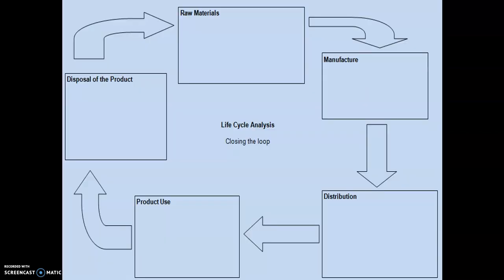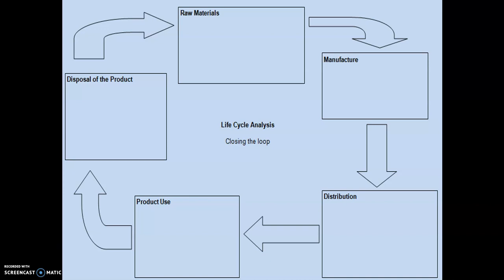Okay, so on the next slide, there will be a life cycle analysis, which closes the loop, and a lot of chemistry analysts will use this to overview any single product that they have. So the next task I want you to do is to look at each one of these steps in the life cycle assessment and come up with 2 questions that need to be asked.